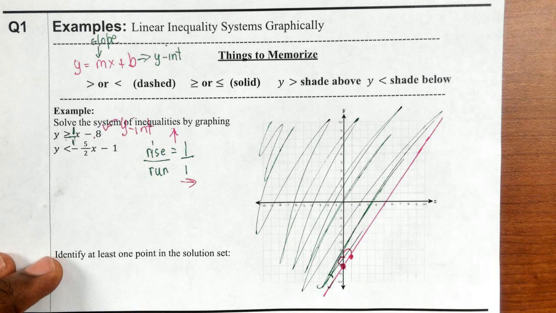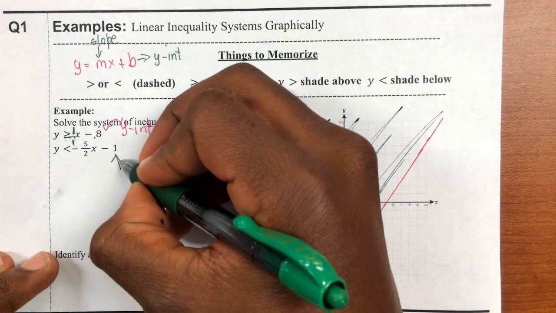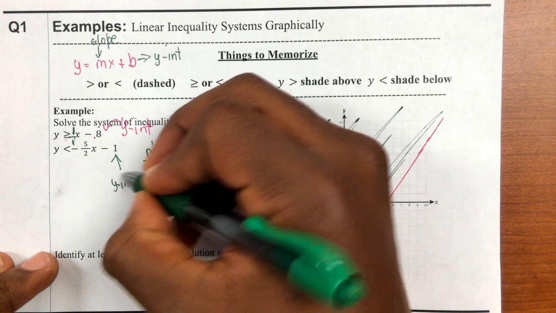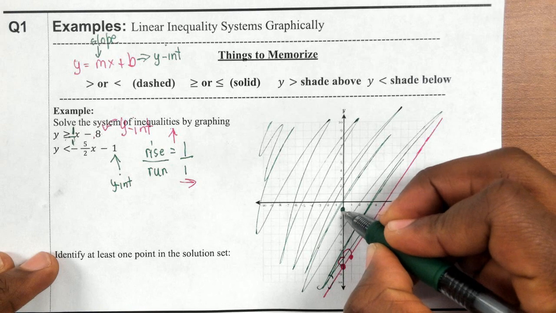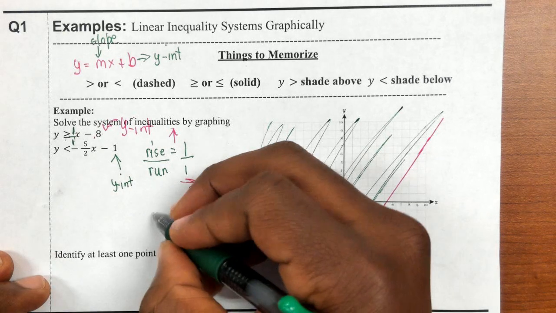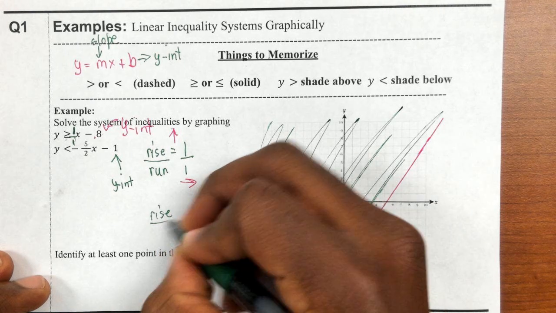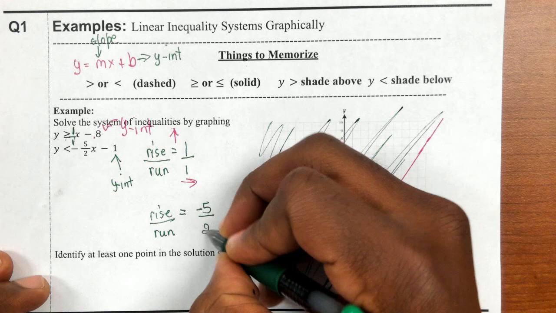Now we're going to graph our next line. The first point you always graph is your y-intercept. That y-intercept is -1, which would be right here. Now I'm going to apply my slope. Using rise over run, my slope is -5 over 2.